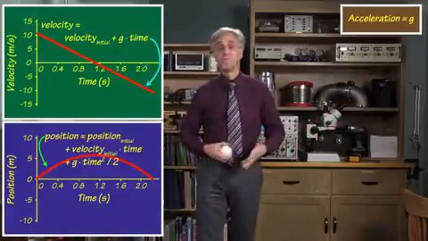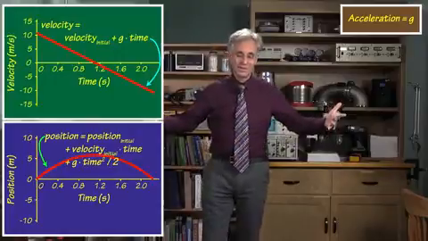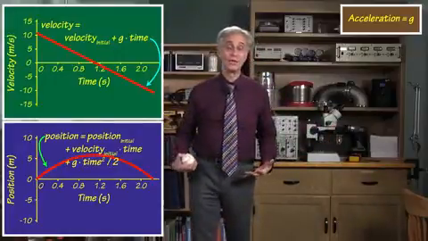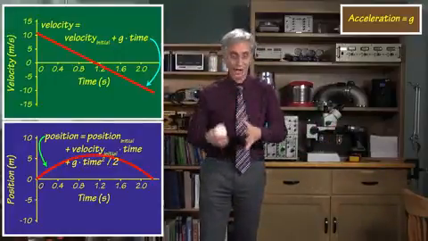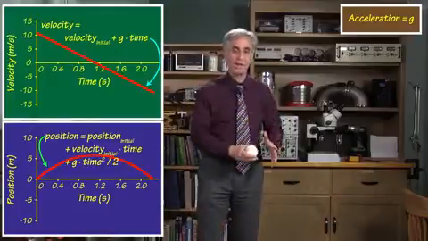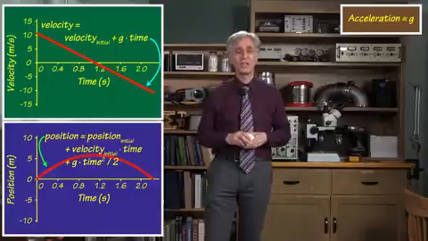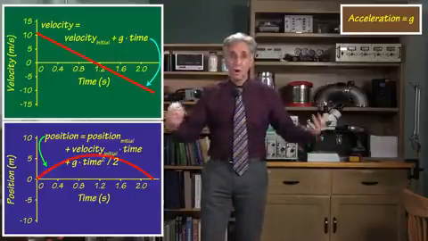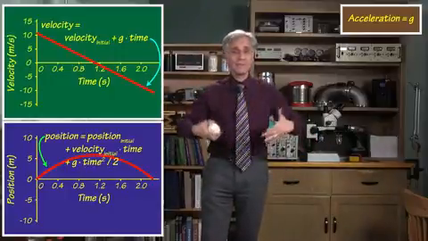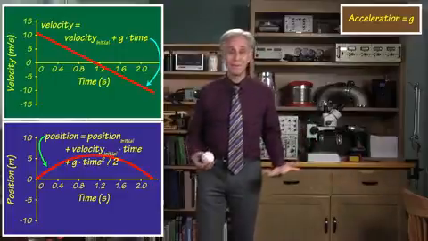So, whether you care about these quantitative relationships that actually tell you specifically where the ball is in space, how fast it's moving, and what its acceleration is, or whether you simply want to watch the ball fall, its motion is still very simple.